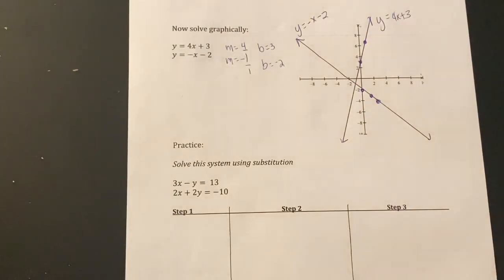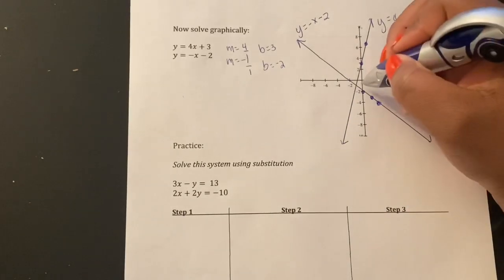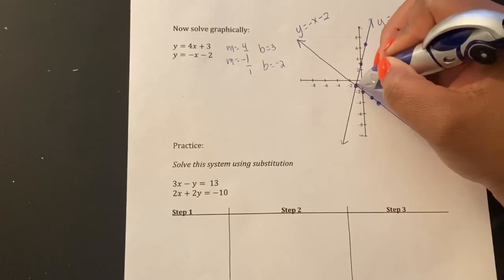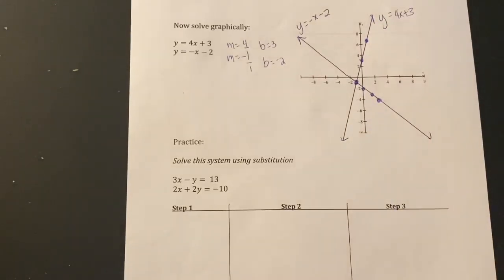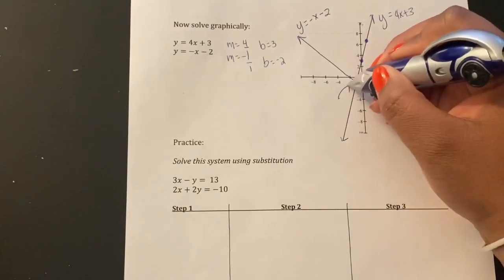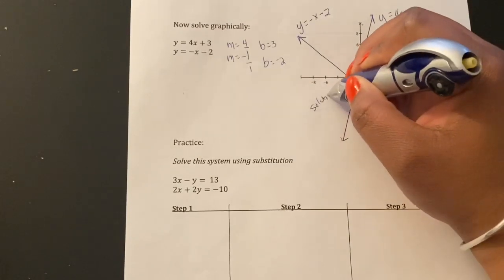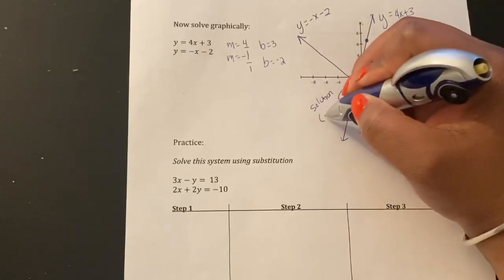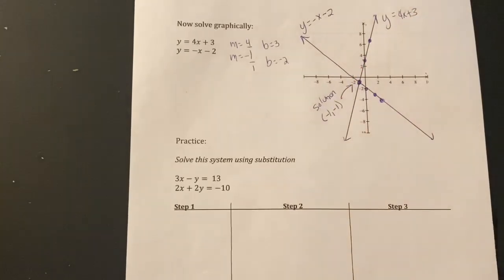Now remember I said where they intersect is the solution. Well, they intersect right here, and this is the solution, negative 1 and negative 1. This is another way we can prove that what we calculated with the substitution method is true, by also graphing it.